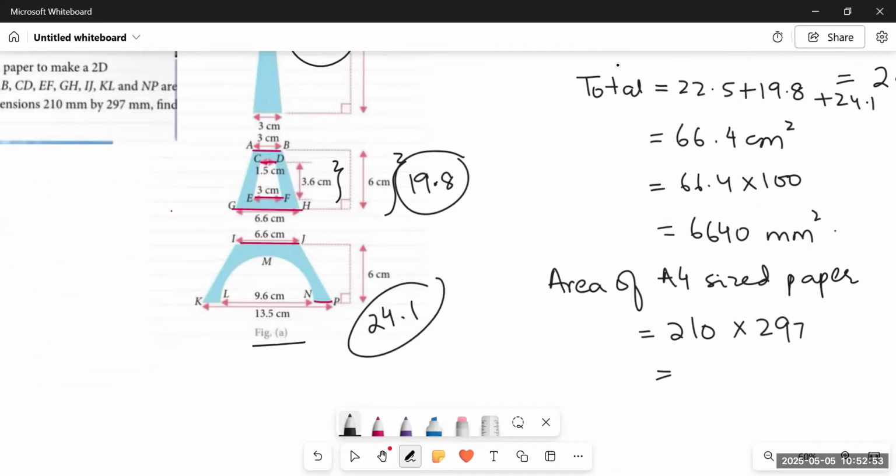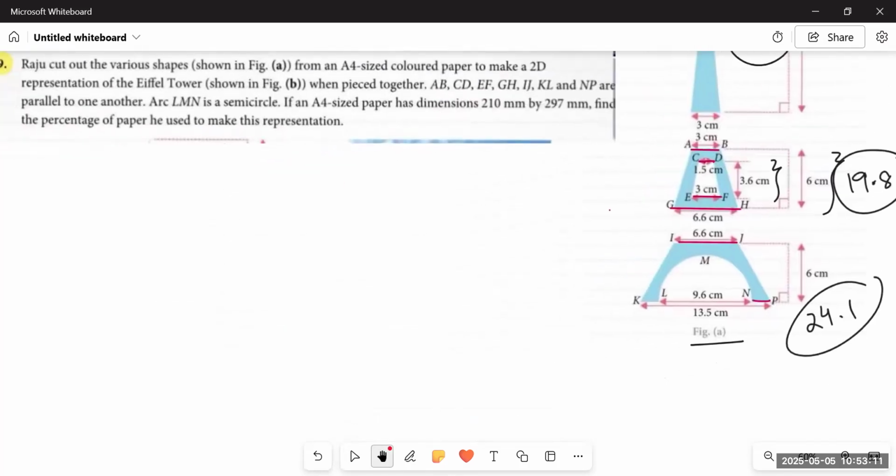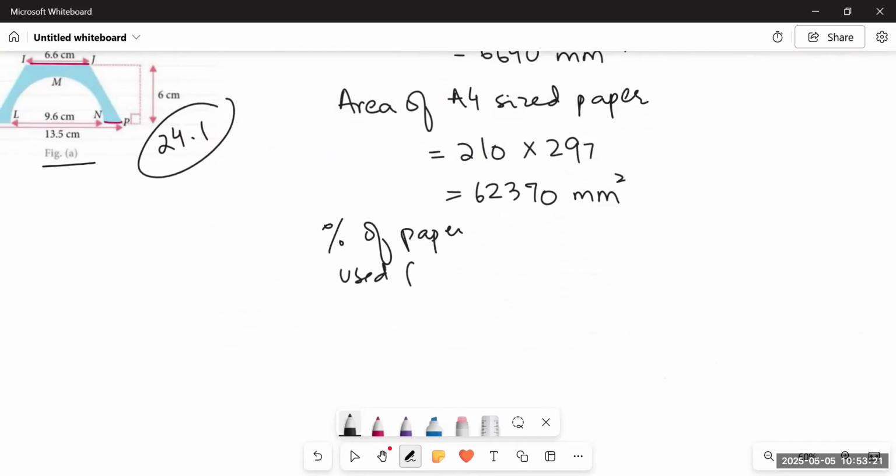And when we multiply both, we will get 62370 millimeters square. And now we have to find the percentage of paper he used to make his representation. So we will write percentage of paper used for drawing.